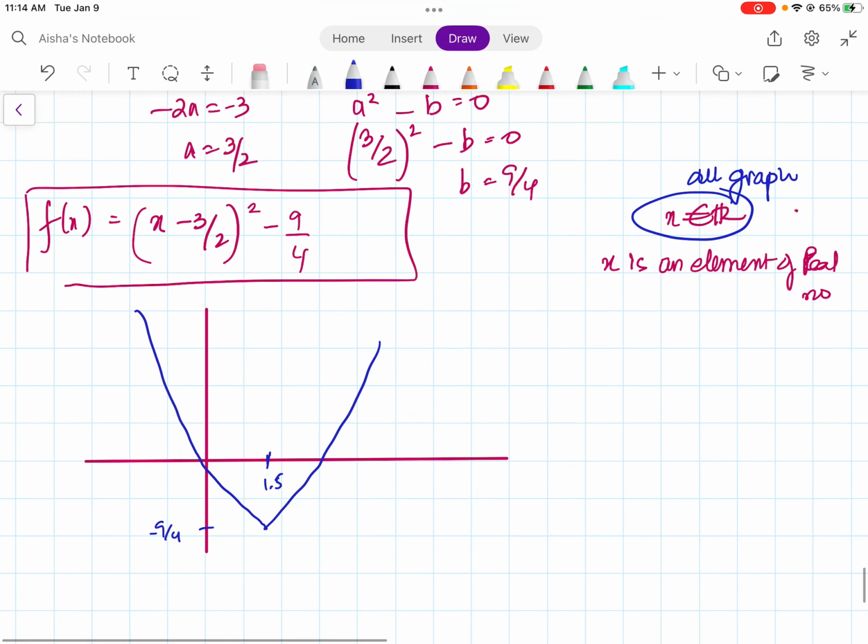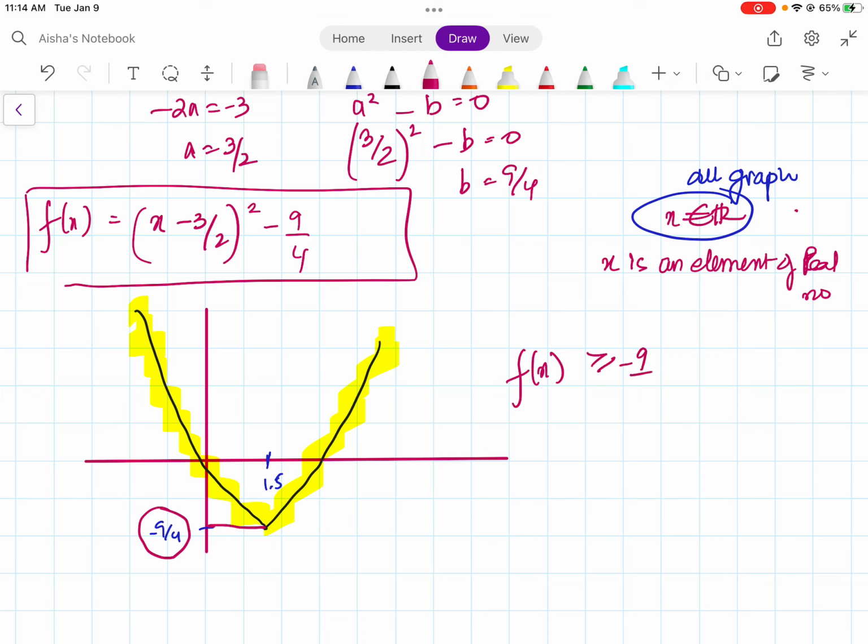All graph or all values of x. It means I'm considering the whole graph. For the whole graph, I can see that my value of y starts from minus 9 upon 4 and it's a minimum, so it goes above that.